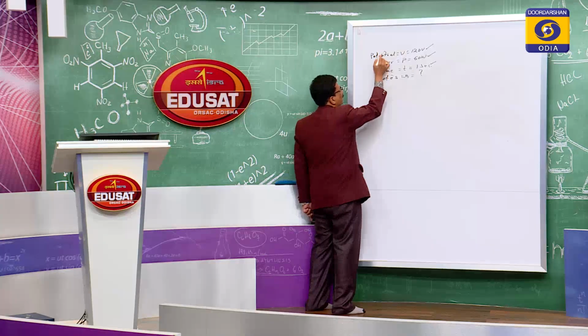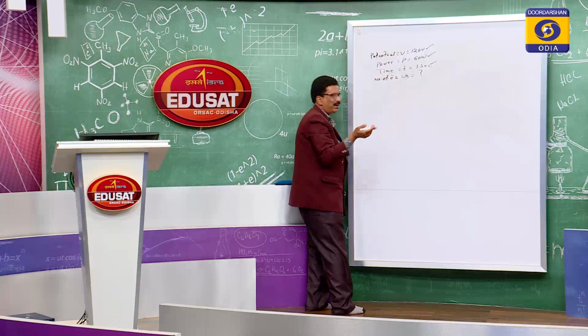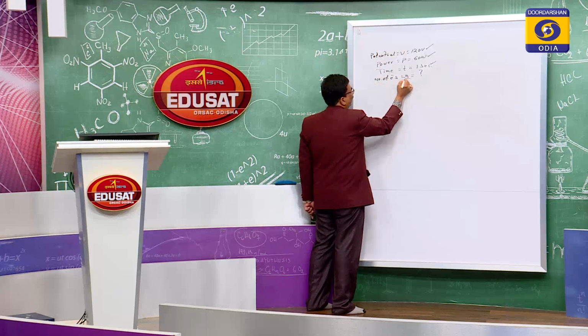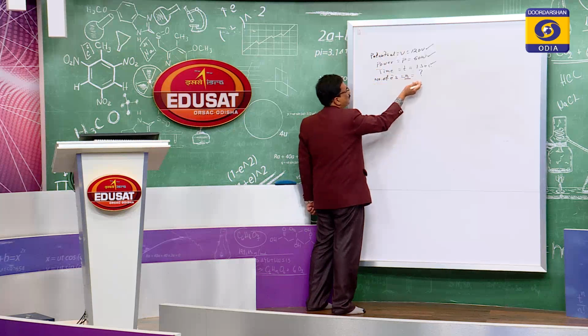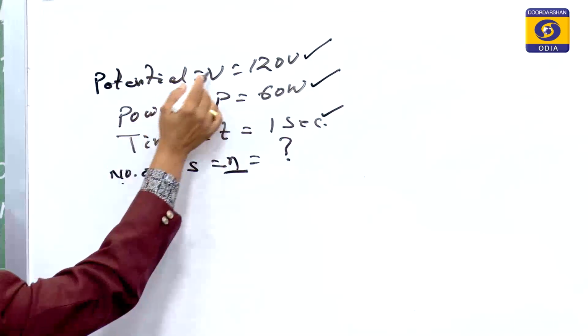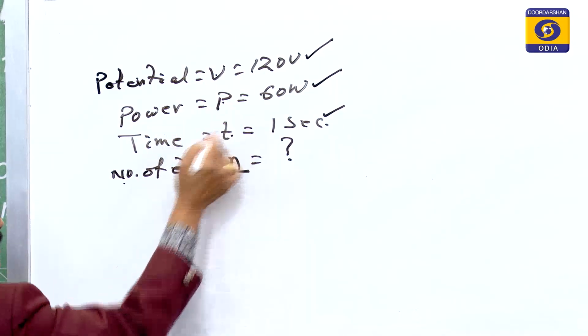Next, what is the formula? We are interested in finding the number of electrons, that is N. Here P, V and T are given.